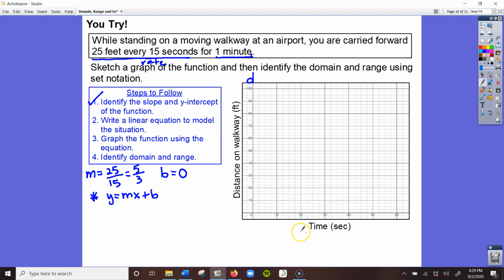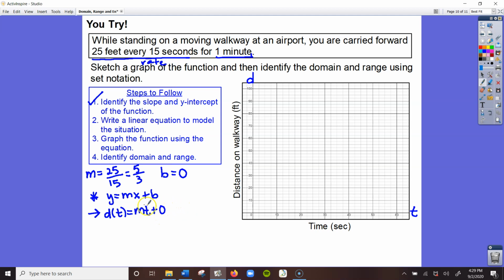And since the x-axis is time, I'm going to use t for the x-axis. Therefore, if I write the equation of this line in function notation, d of t is equal to mt plus 0.